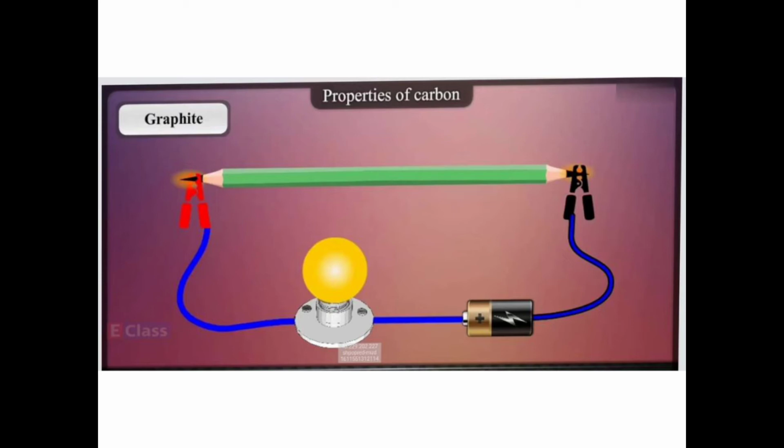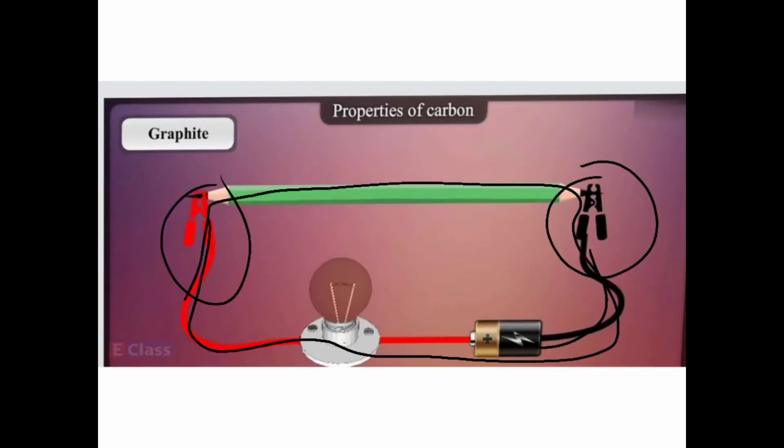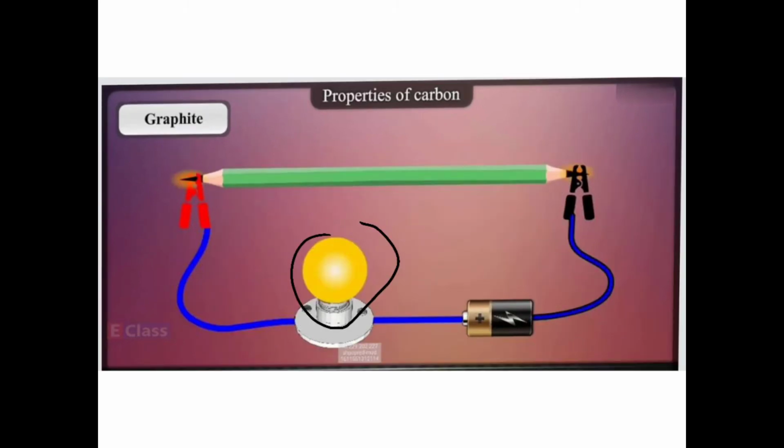You are going to keep this arrangement ready, and then you will observe the bulb is glowing. Can you see the difference? It was not glowing and now it is glowing. What does it indicate? The circuit is complete.